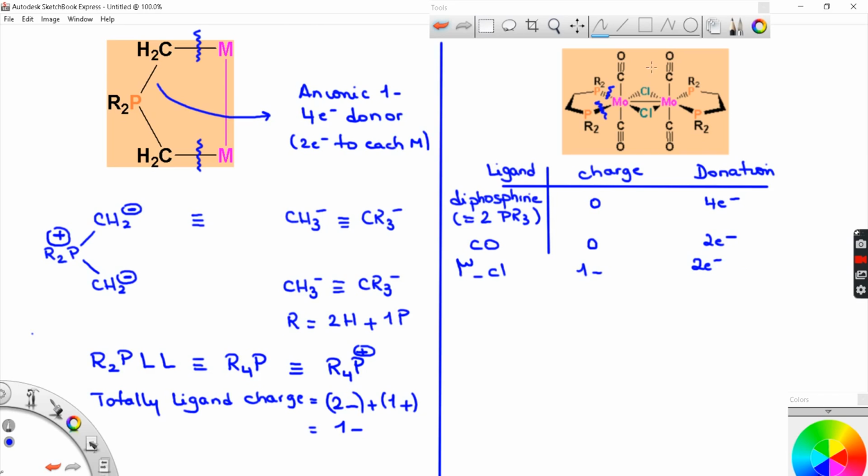I'm working on the first metal center since the structure is symmetrical. Calculation the oxidation state.